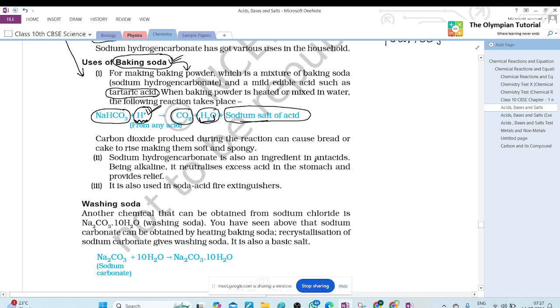So NaHCO3 plus H plus gives you carbon dioxide, water, and the sodium salt of the acid. Carbon dioxide produced here, what is the use of it? It can cause bread or cake to rise, making them soft and spongy.